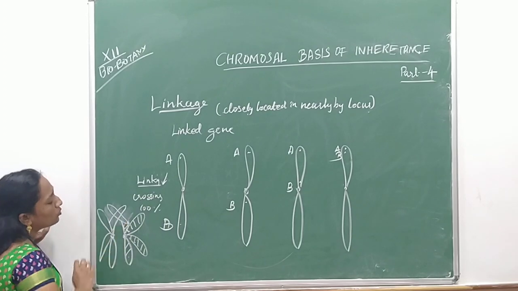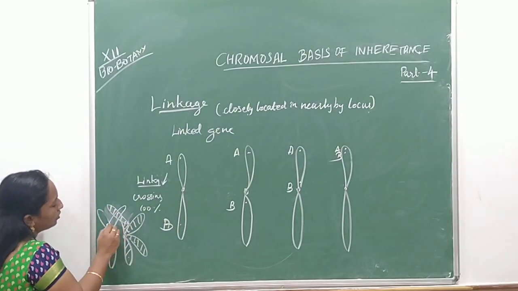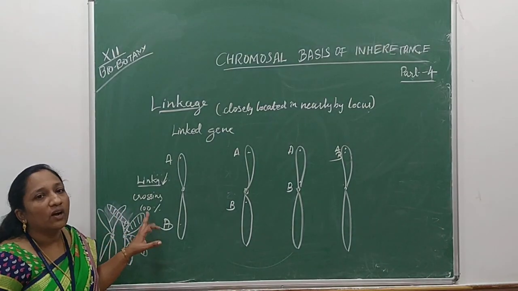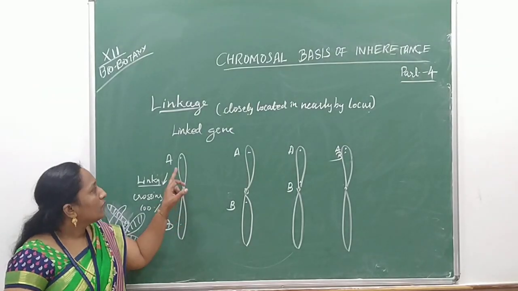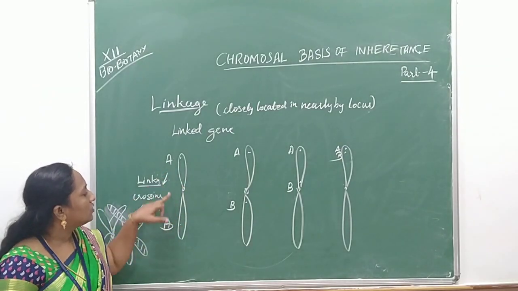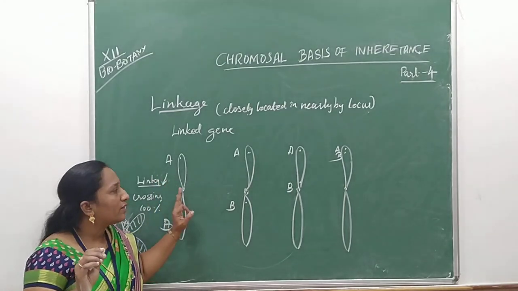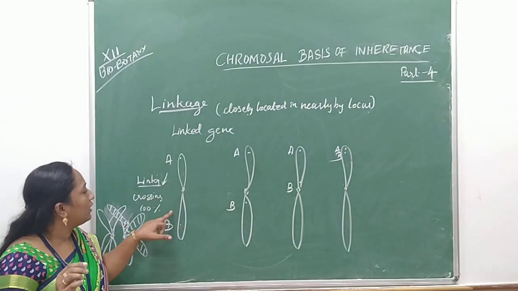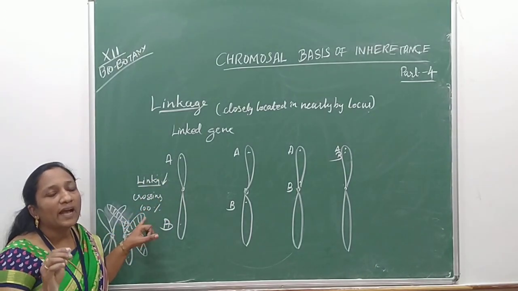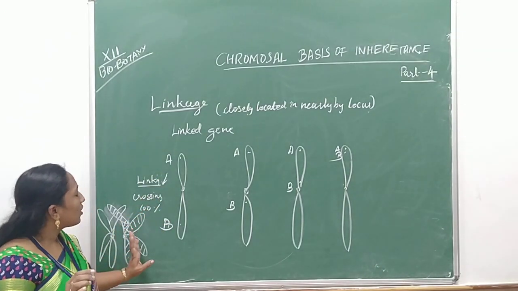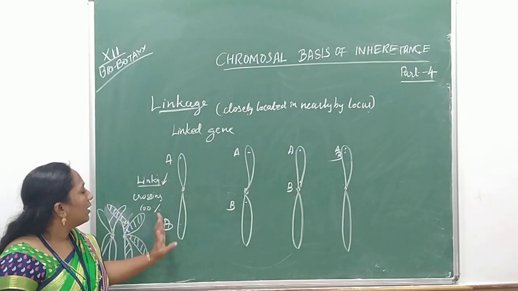If the distance between two genes is too far, crossing over has a 100% chance, so crossing over takes place in the unlinked genes.